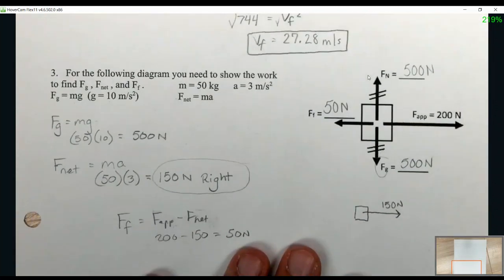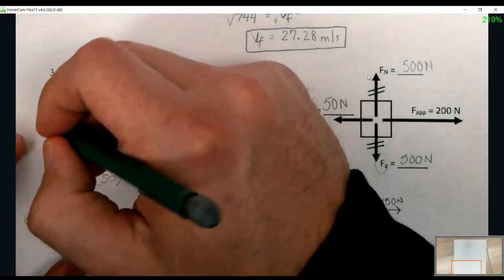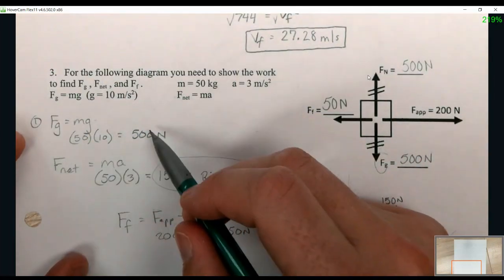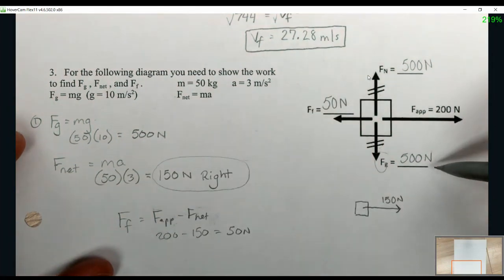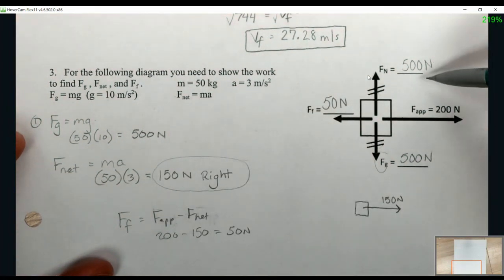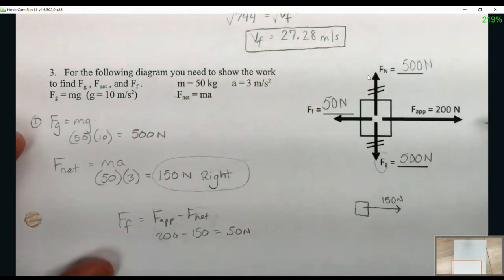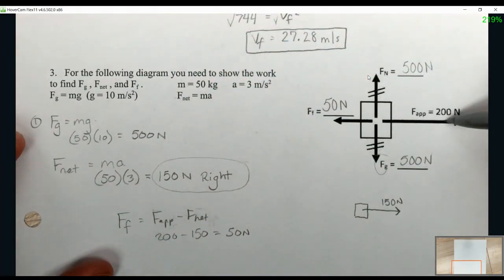And again, here, what you're going to do first is the equation. For weight, add weight down, add normal force up, then solve for net force. That's pretty much going to be going in the right direction because the right vector arrow is larger.